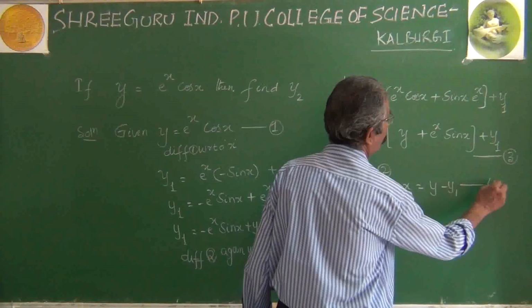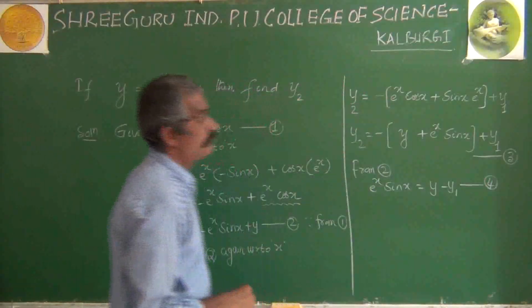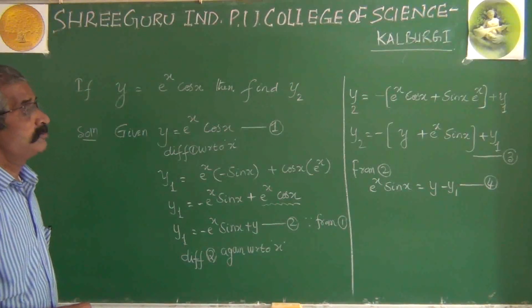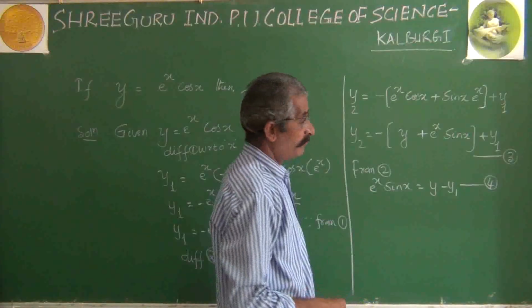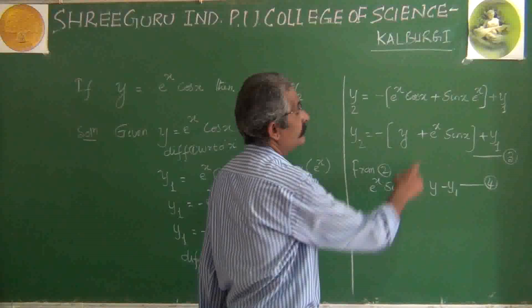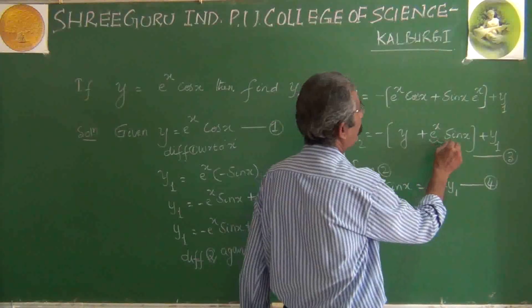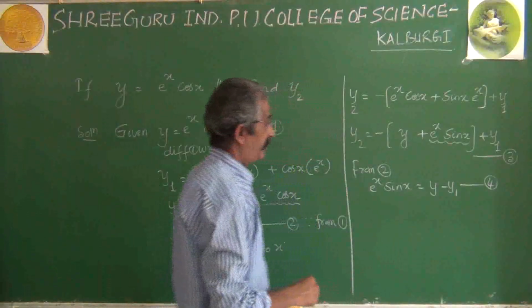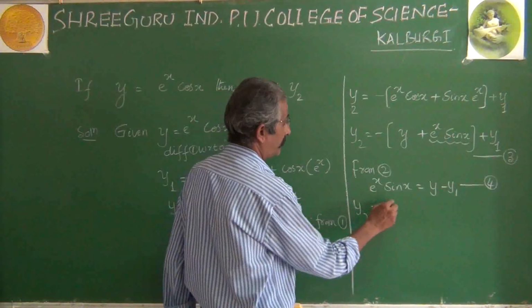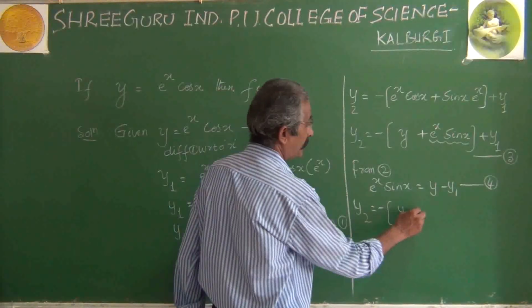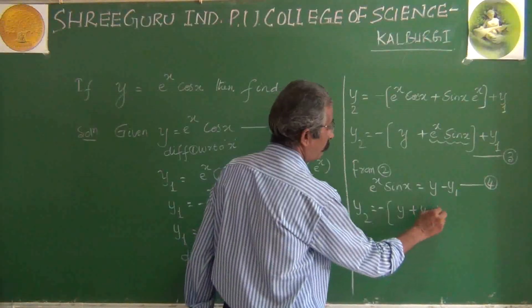Say equation 4. Now from 4 using in 3, in particular for e power x into sin x, y2 will be given by minus of y plus y minus y1.